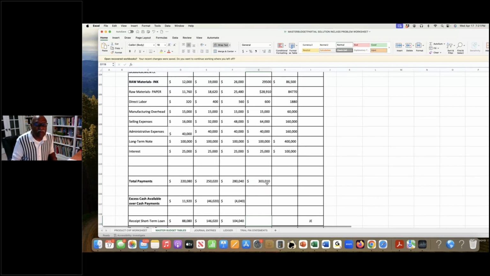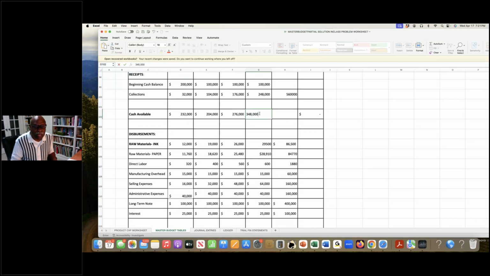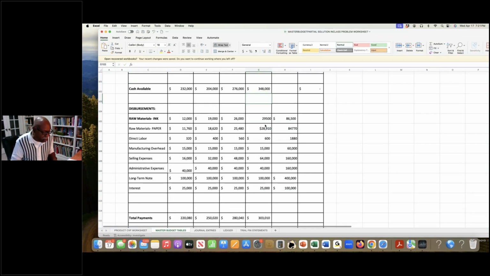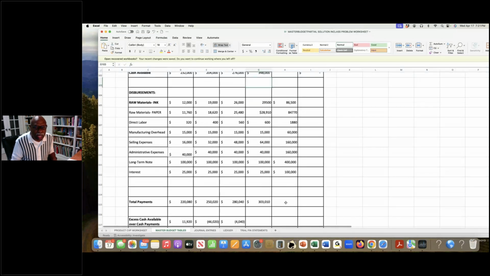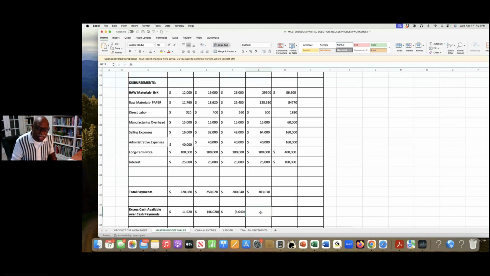So once again, but our payments are 303. So we do have excess cash of 44,990, I think.